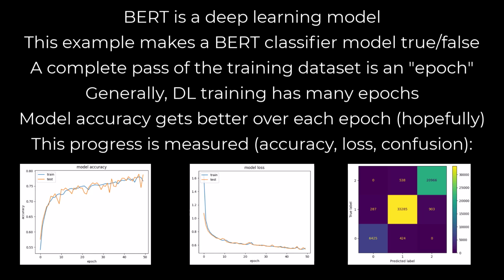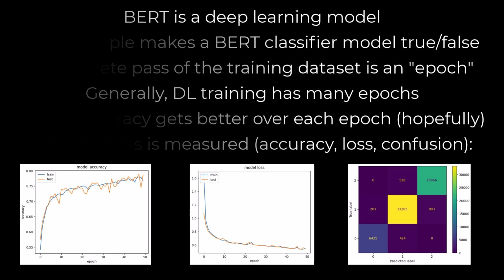Now these graphs are from a traditional deep learning model that is not related to language, but you get the idea that generally it gets better over time. Your model loss generally gets lower with time, and you'll have a better confusion matrix for your predictions. And so today's goal, we just want to get to one Epoch, so no graph because it would be a single point. But we want to be able to get there.